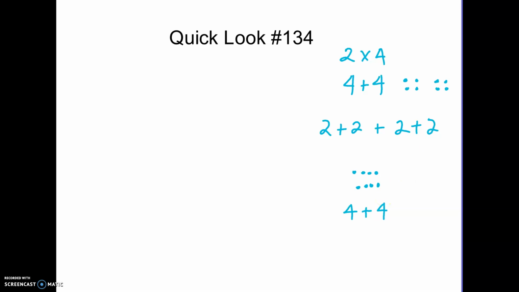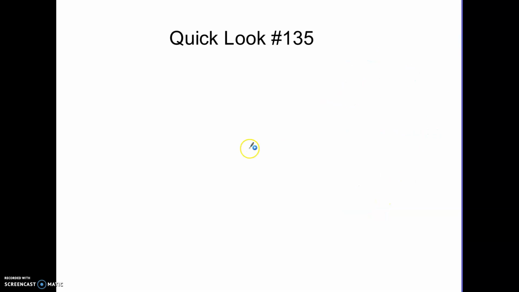Okay? We're going to try it again. Going to look at the picture very quick and then think about what you saw and how you saw it. What did you see this time? Did you see 8 again? I saw 2 rows of 4, so I saw 2 times 4, and that's 8.